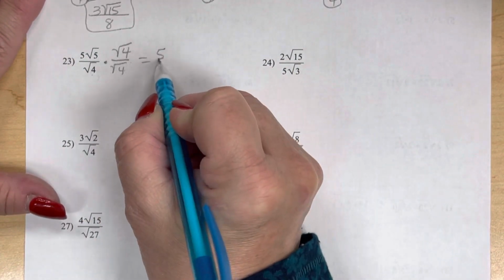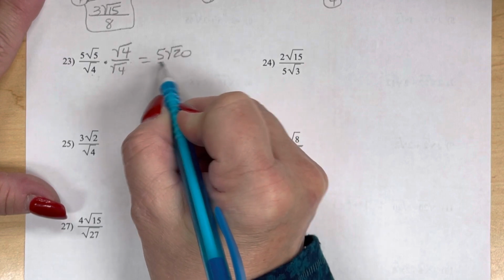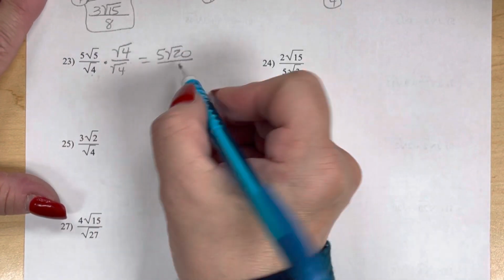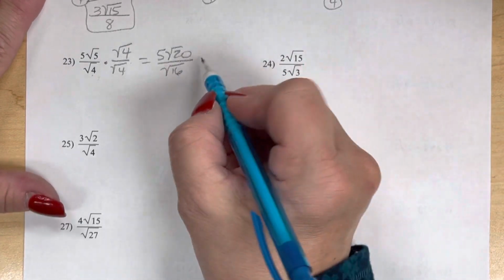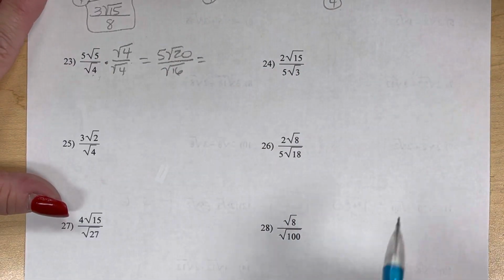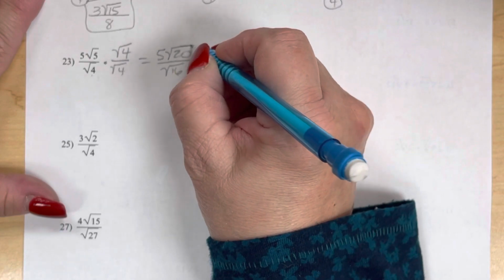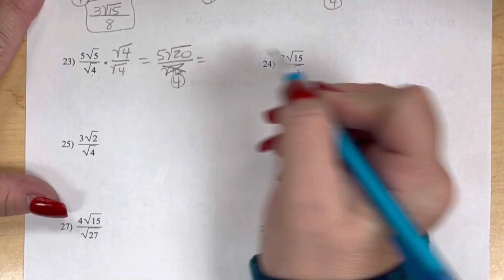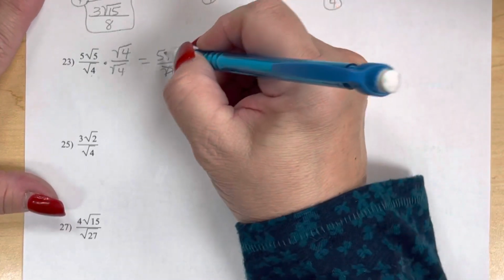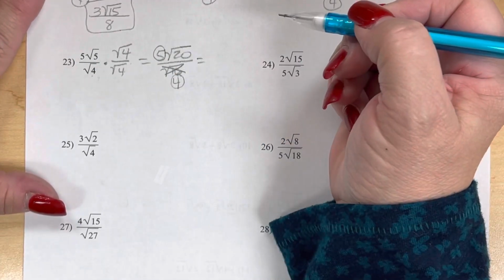That would give you 5 square root 20 over square root of 4 times square root of 4 is square root of 16. Okay? So now you have this, which will simplify to 4, the whole number 4, okay? You have the 5 outside of here.